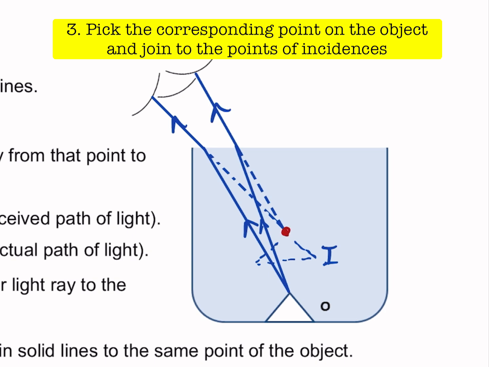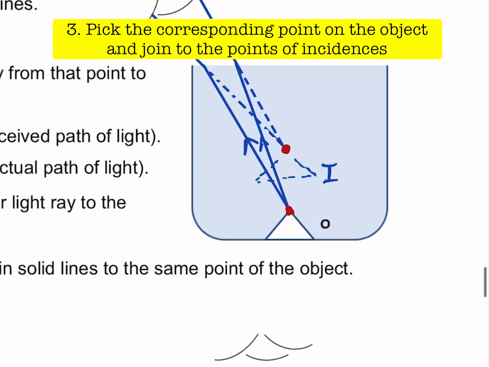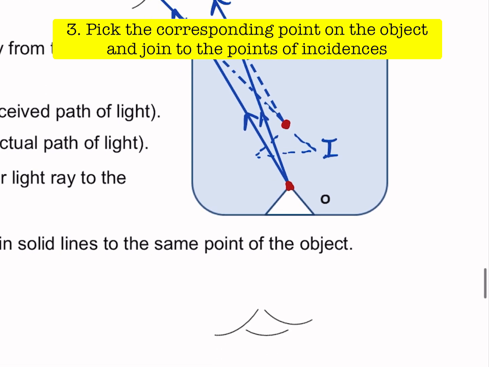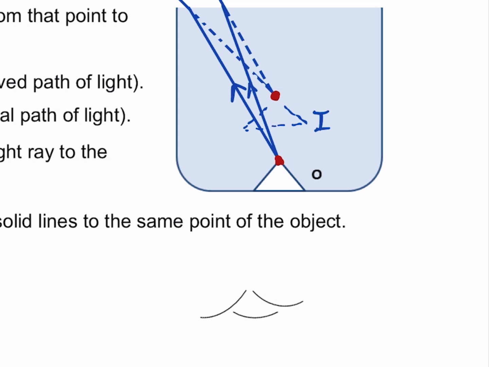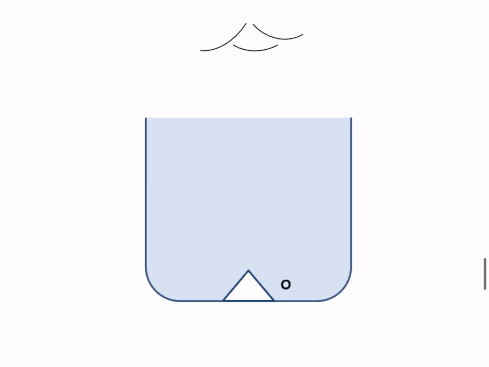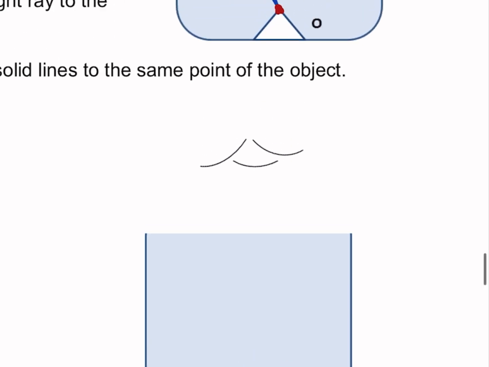So note that I use this point of the image, so I must use back the same point on the object. Okay, so this is how you draw the ray diagram explaining real depth and apparent depth. Okay, if the eye is directly above the object, we see that the image is directly above the object.